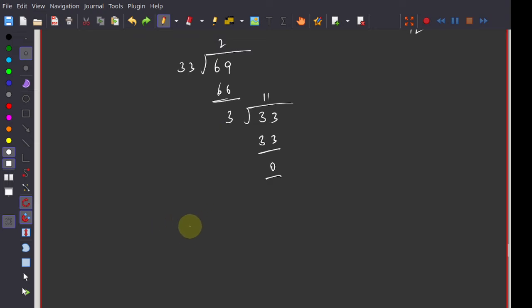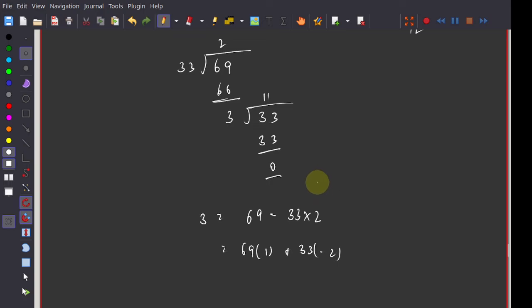Correct? So I can write 3 as the remainder of this particular operation. So this is equal to 69 minus 33 into 2, or this is equal to 69 into 1 plus 33 into minus 2. So in this case a equals 69, b equals 33, c equals 1 and d equals minus 2.